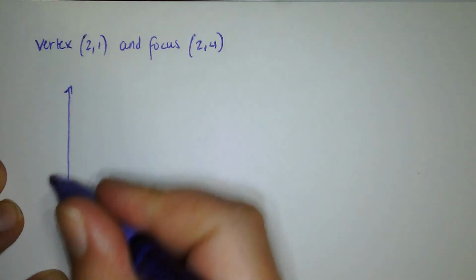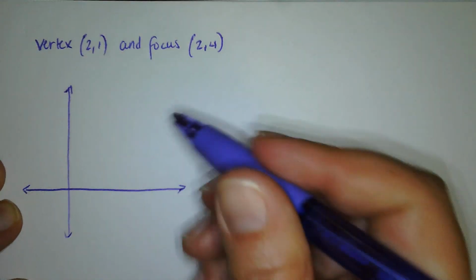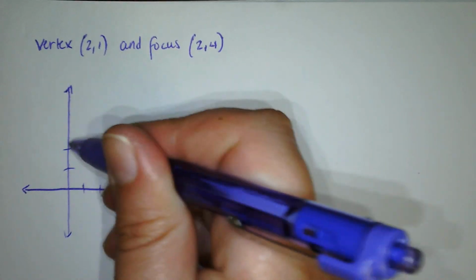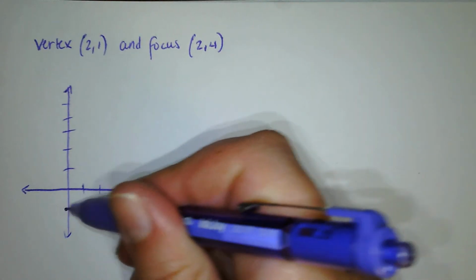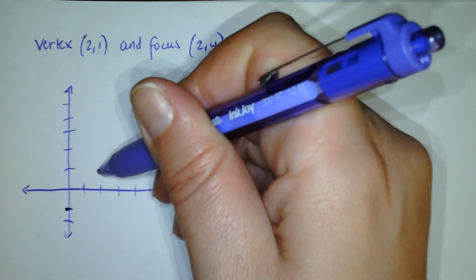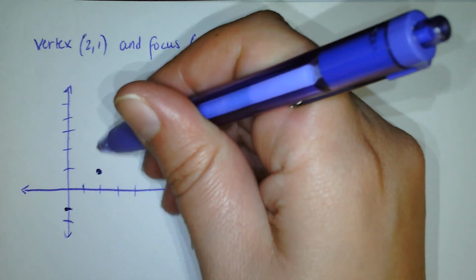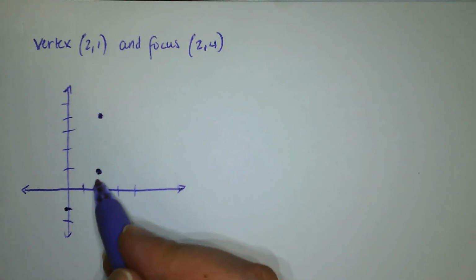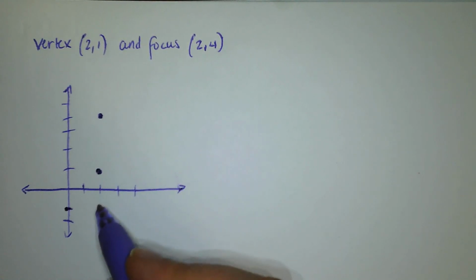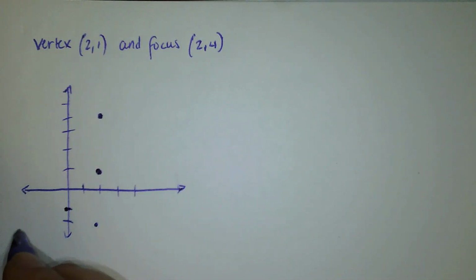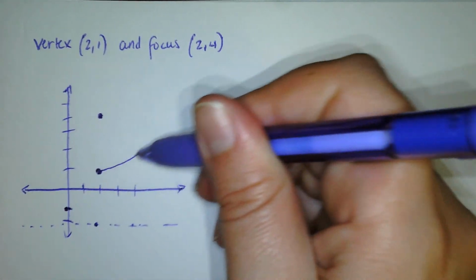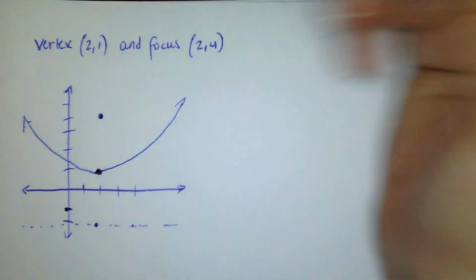We can sketch this out a little bit, because you need to at least know what type of parabola we're dealing with. The vertex should be directly between the focus and directrix. So if this is 3 units up, we're going to go 3 units down, and we're going to put our directrix right here.